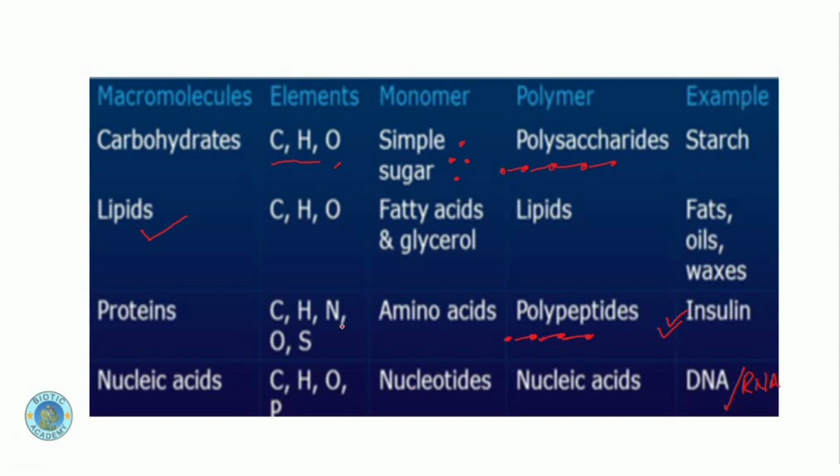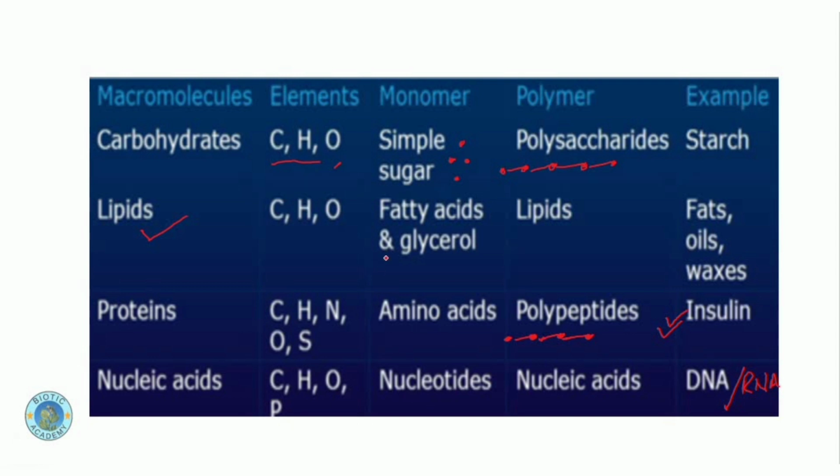So here I have given you brief information about these types of macromolecules present in the body of living organisms, the elements which make up these macromolecules, and how the simplest form of these macromolecules is converted by the chemical enzymes in the body into the simpler form, that is simple sugar in case of carbohydrate, fatty acid and glycerol in case of lipids, amino acid in case of protein, and nucleic acid contains nucleotides.